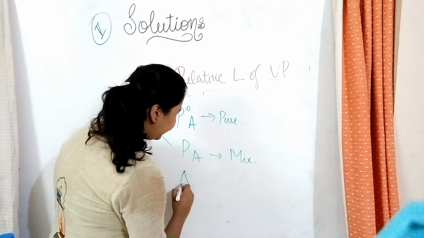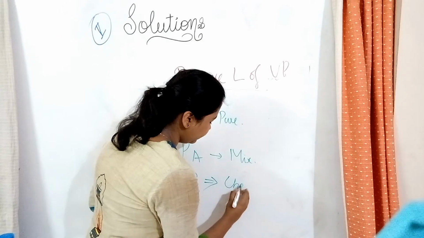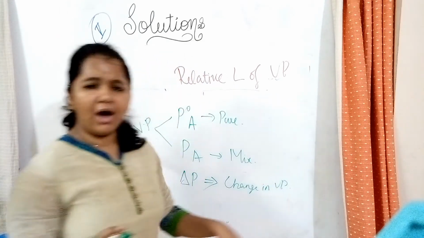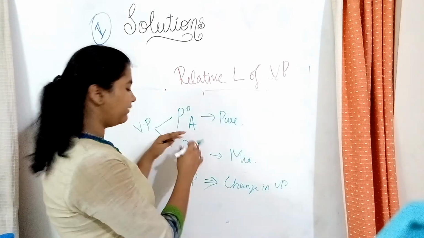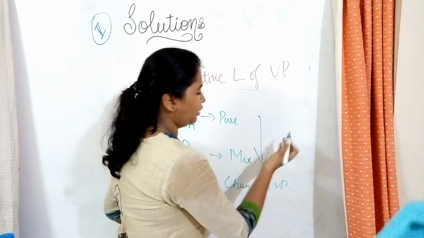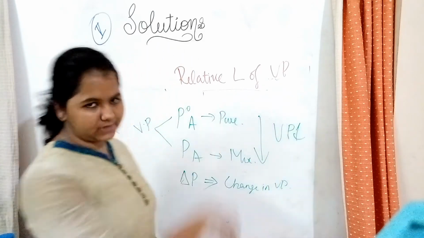And delta P is the change in vapor pressure. Vapor pressure decreases when moving from pure to the mixture, so it is moving downwards.